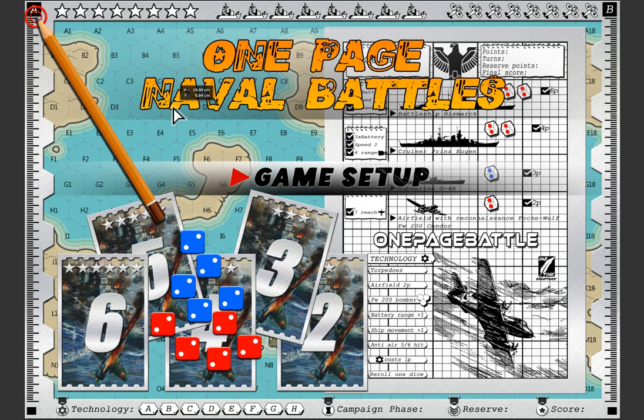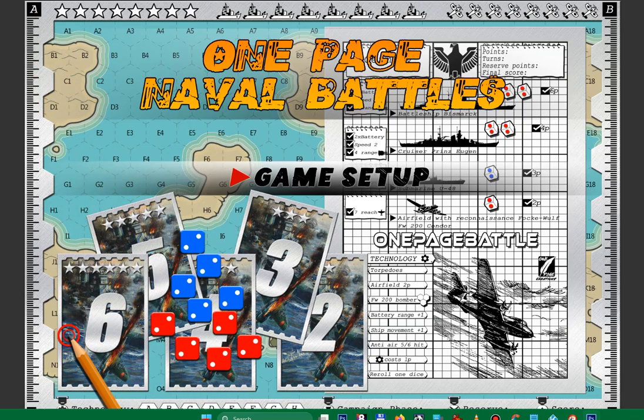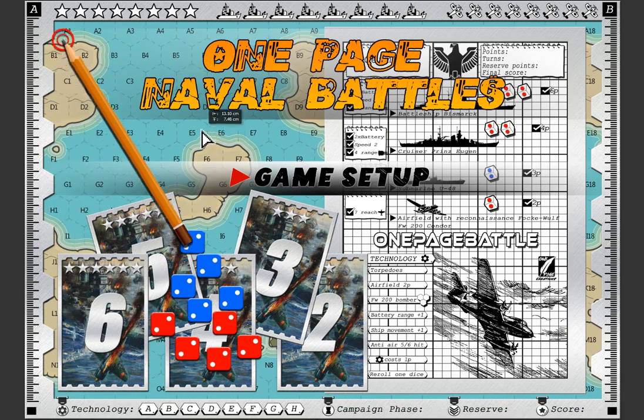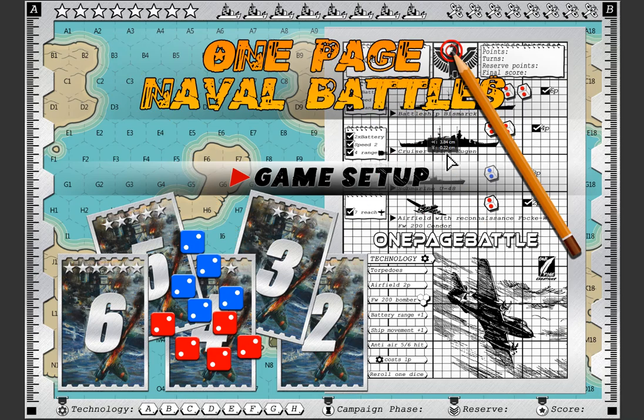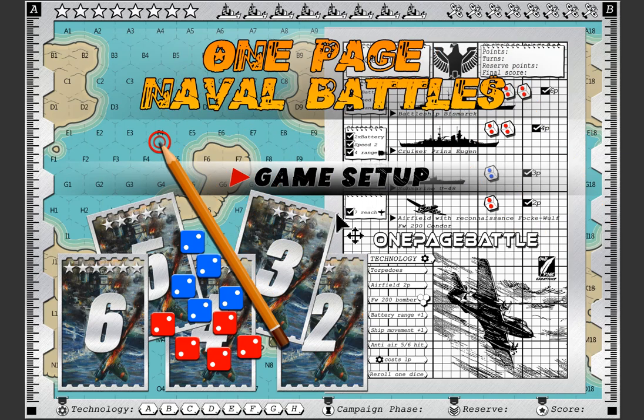It will be either the A side, so your units will be located at the left side of the map, or it could be the B side on the other side. Don't forget, both players have to print out their own map. It's very, very crucial. Players must start on opposing sides of the map. This is, I think, understandable.